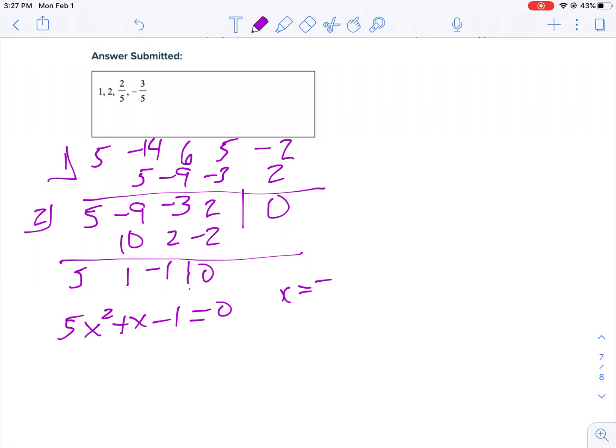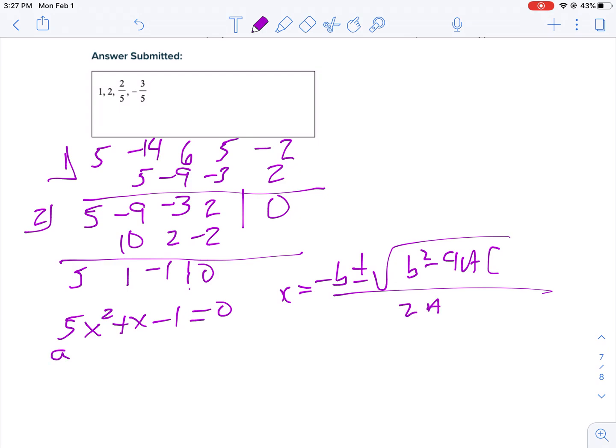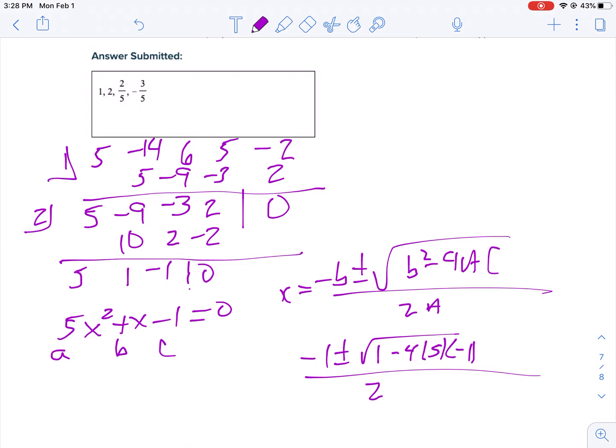So x equals -b plus or minus the square root of b squared minus 4ac all over 2a. A is 5, b is 1, and c is -1. So we're going to have the opposite of 1 plus or minus the square root of b squared, which is 1, minus 4 times 5 times -1, all over 2 times 5. So let's simplify that now.